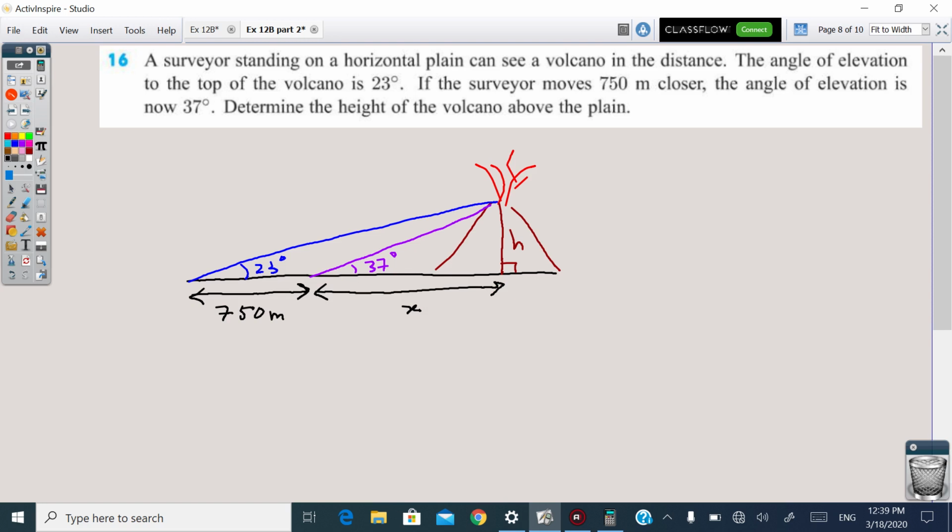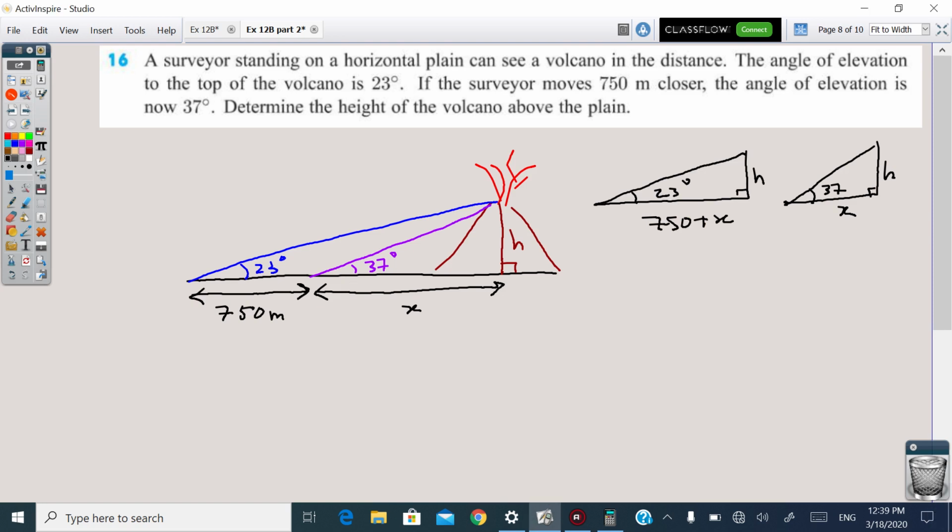The first one, if I separate them, is this, and the second one, the bigger one, is h, and this is 23 degrees, but the base is 750 plus x, and both are right angles.